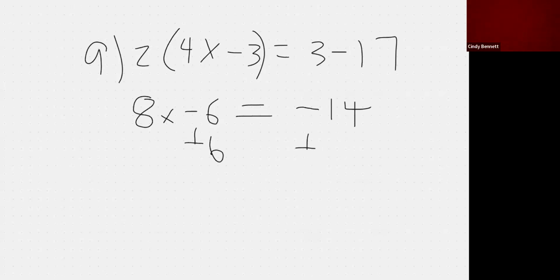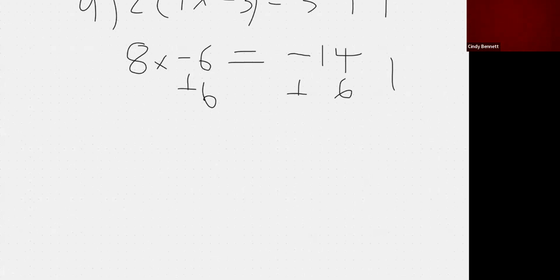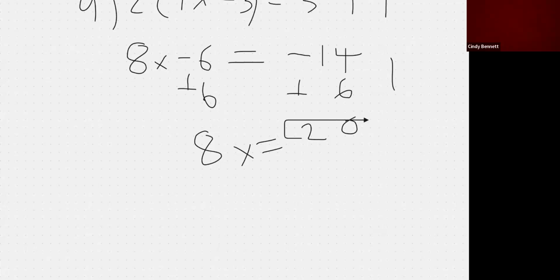All right, check again on that, negative 14 plus 6. You can erase it. Getting rid of that arrow is a little harder.